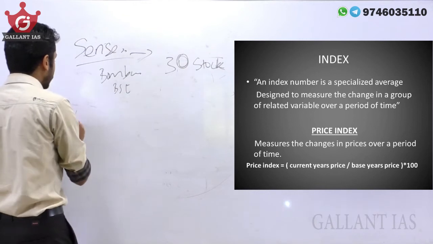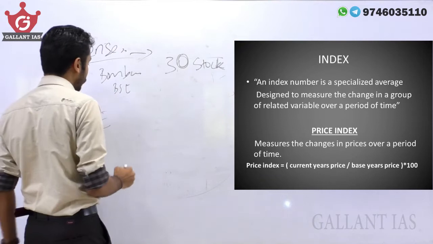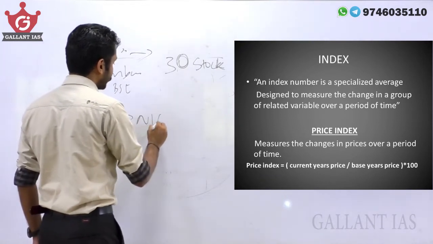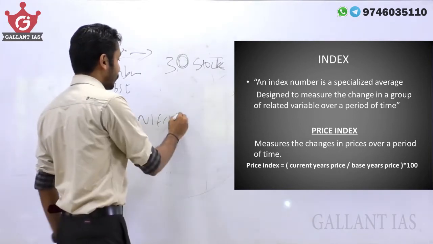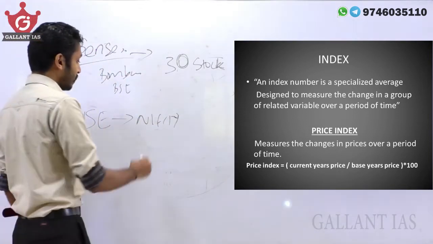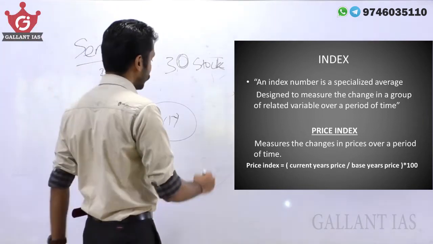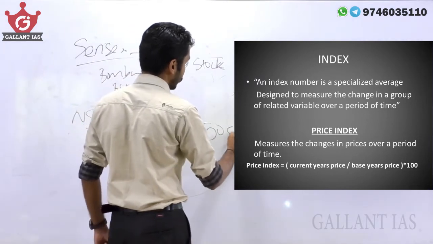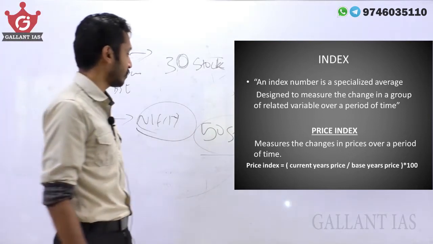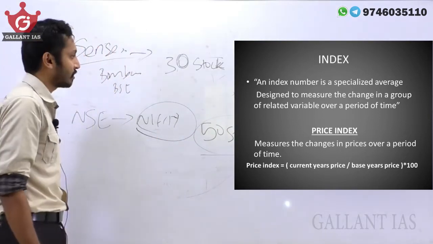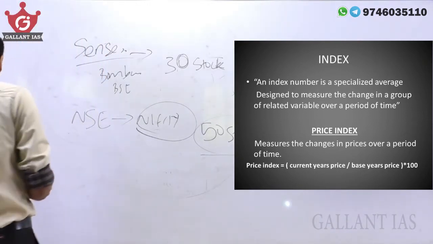And NSE Nifty: NSE is the National Stock Exchange, headquartered in Delhi. Nifty is also an index. It includes around 50 companies' share prices. So these are the different indexes that we use.